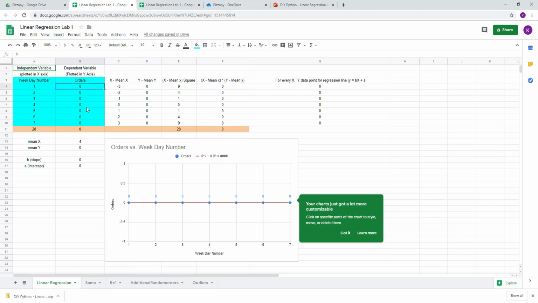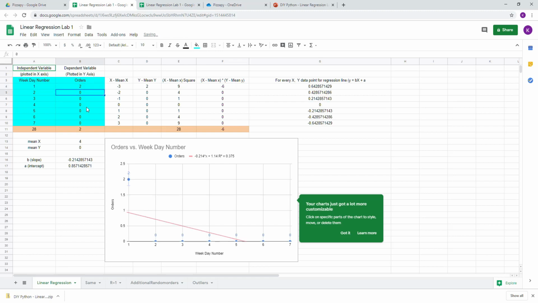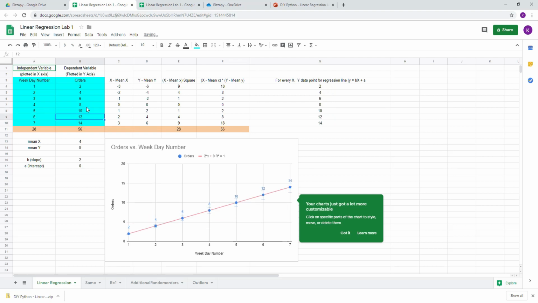So let me change these values to 2, and I'm going to increment by 2 just to see how this equation is going to change: 8, 10, 12, and 14. Now what is happening here is there is a gradual increase in orders per day: 2, 4, 6, 8, 10, 12, and 14.